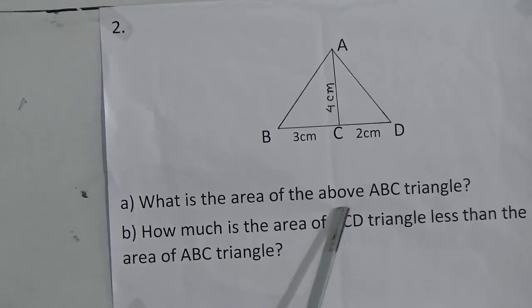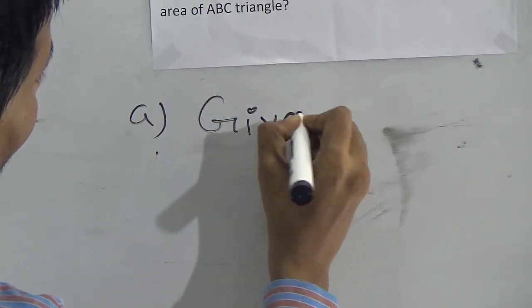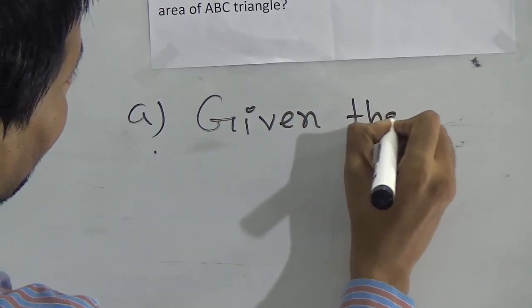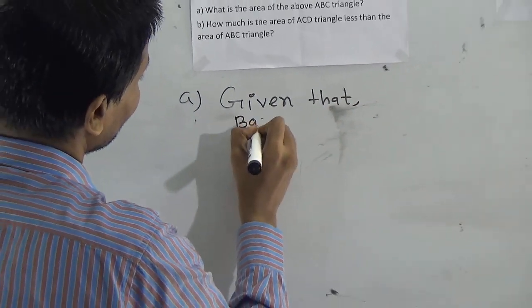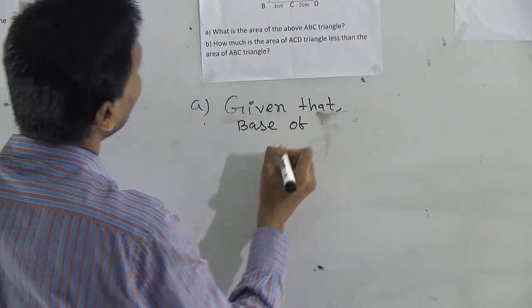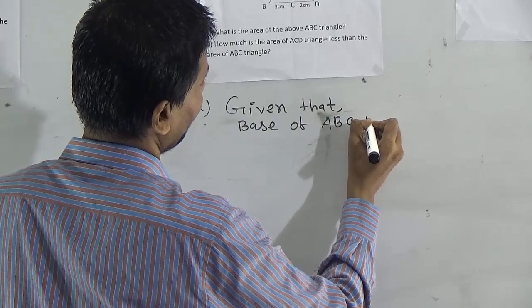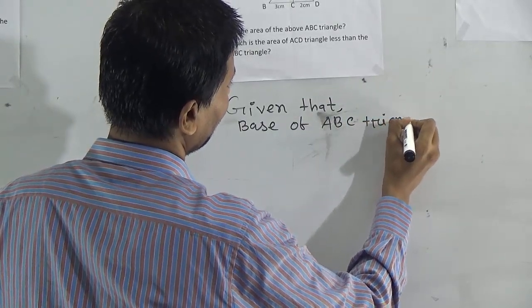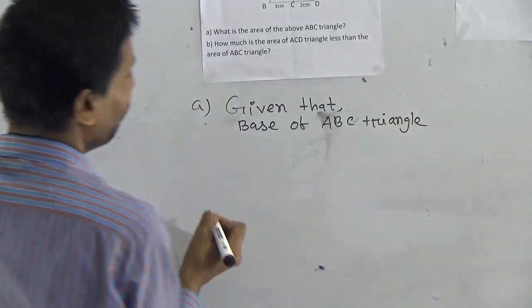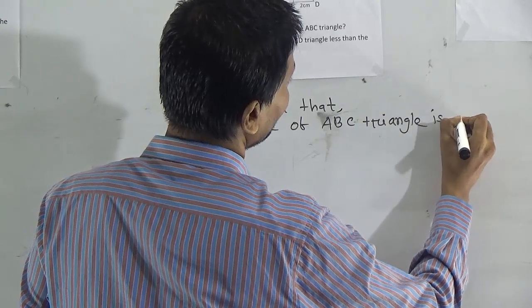Okay. A number question. Look, right. What is the area of the above ABC triangle? Okay, right. Given that base of ABC triangle is 3 centimeter.